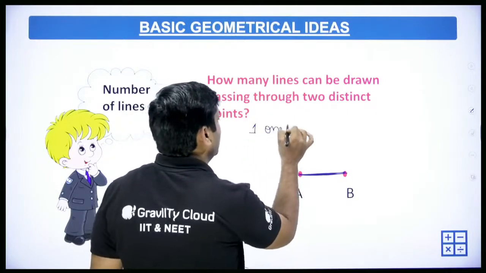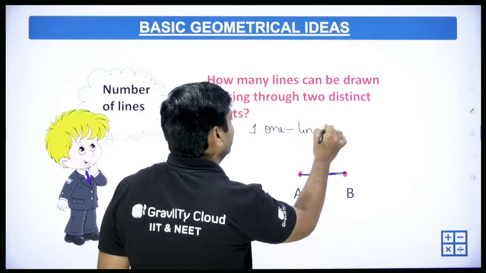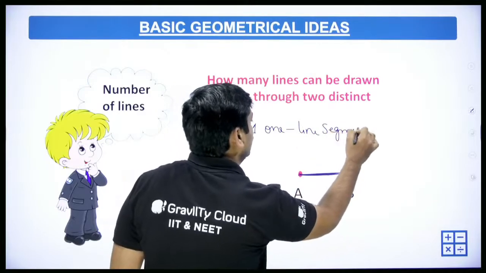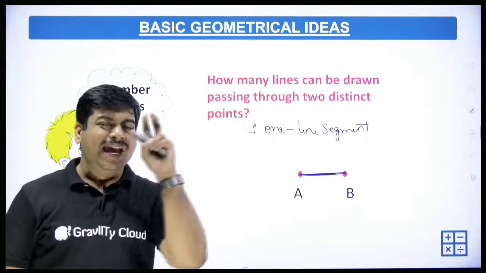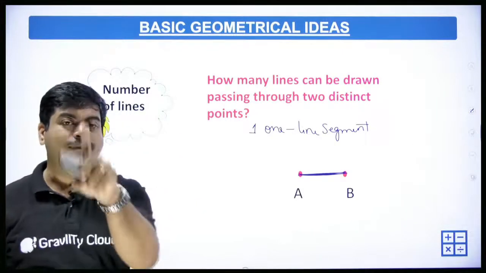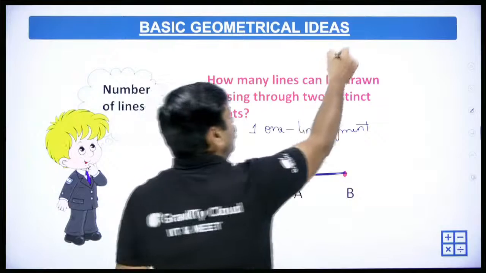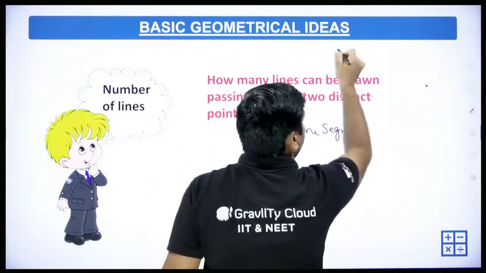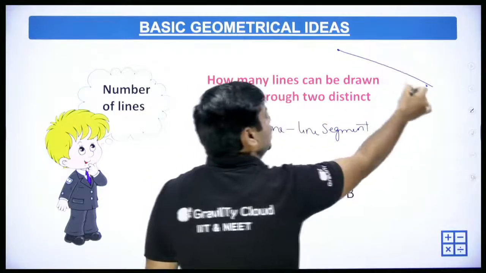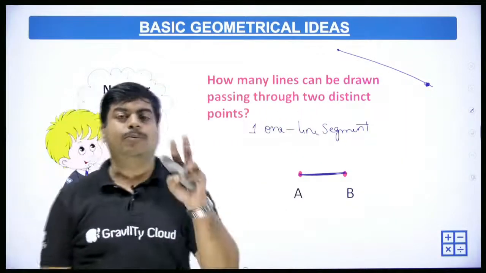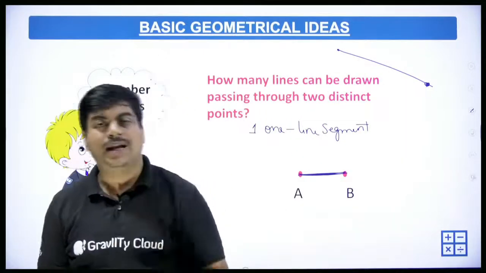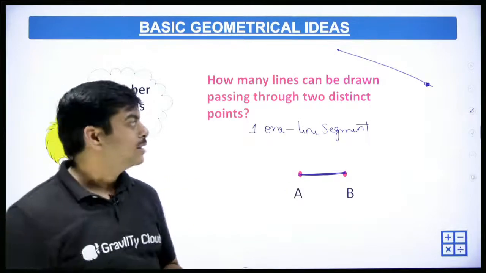Any 2 fixed points, you can always draw only one line. You take a point here and a point here. If you join these 2, you get only one line segment, right? So between any 2 points, we can just draw one line segment.